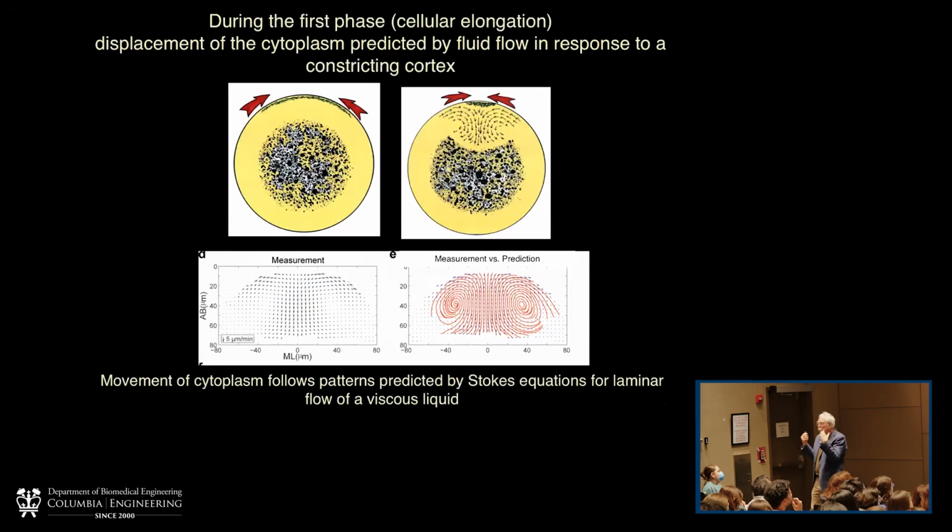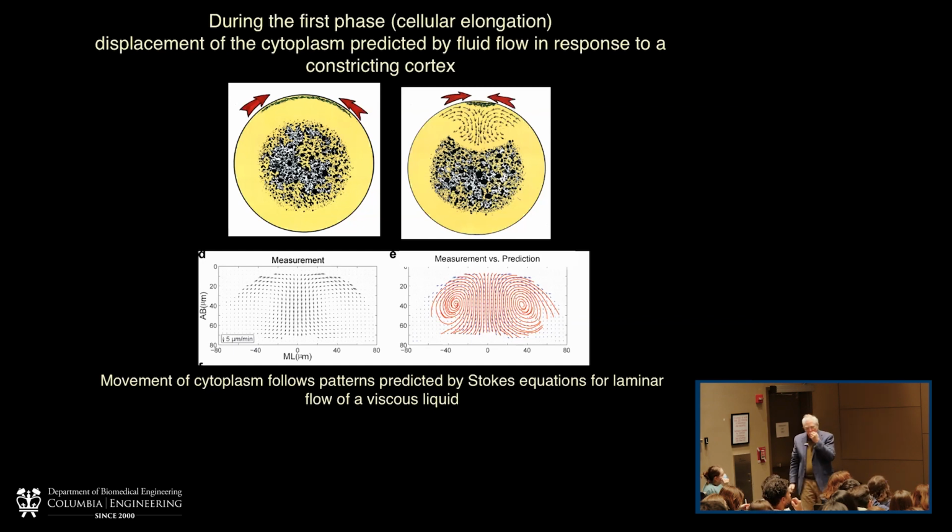And if one wants to model or think about it in a cartoon-like way, we can think of this as a contraction of a basically laminar flow. As myosin accumulates on the surface of the embryo, it drags the surface and drives a flow pattern like the one that we see, conceptually.